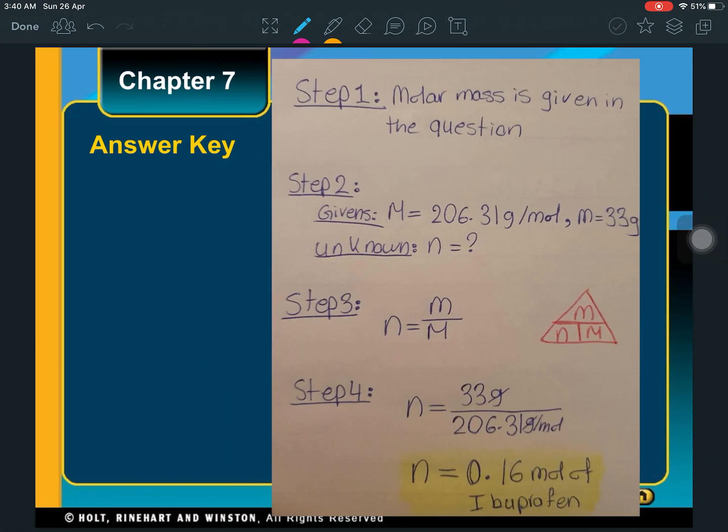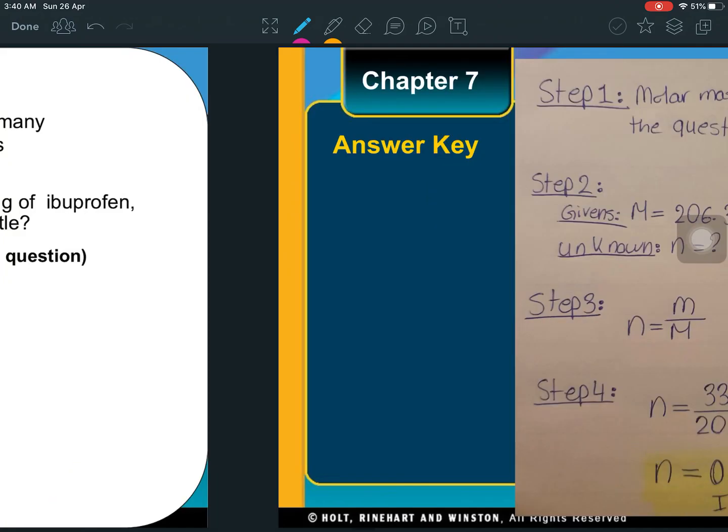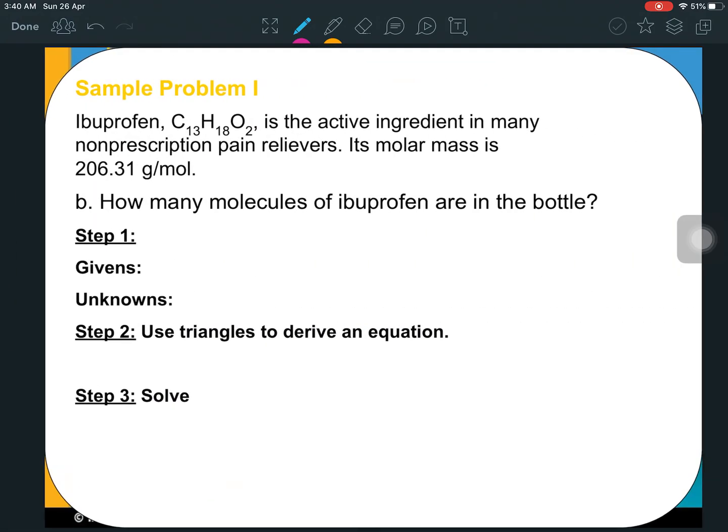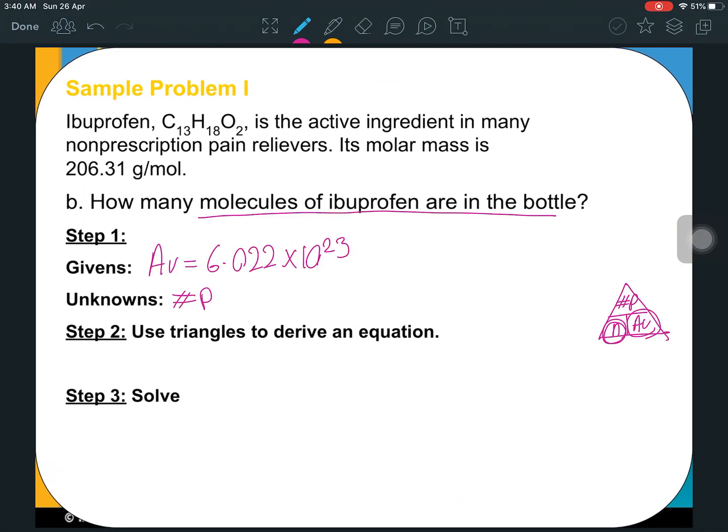Based on the question that I answered before, I know that my number of moles is 0.16. Remember all of this? So I know that N is equal to 0.16 moles. Now, with all of that, I can calculate my number of particles.